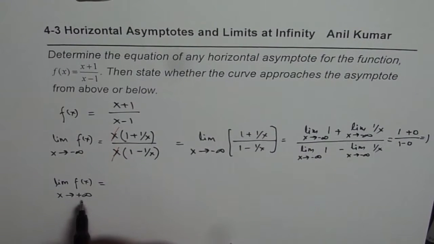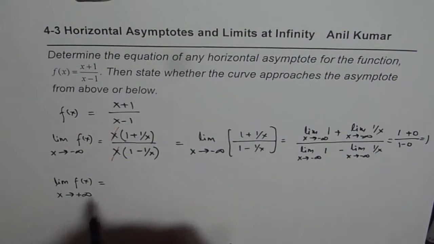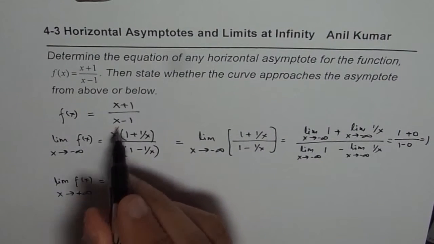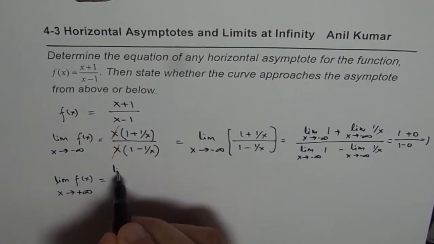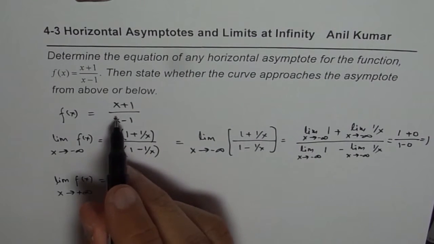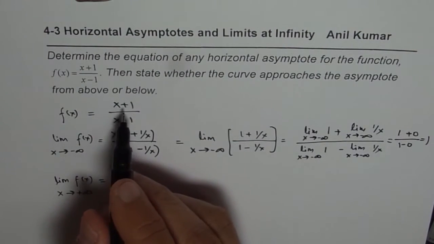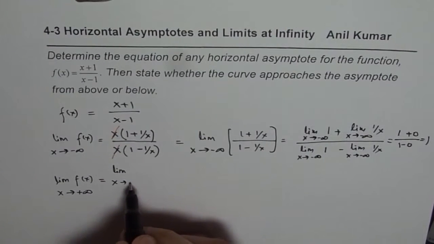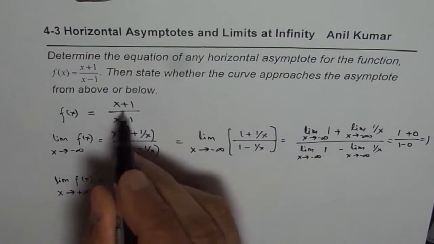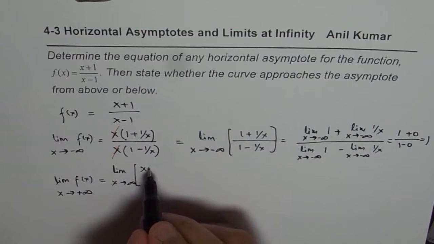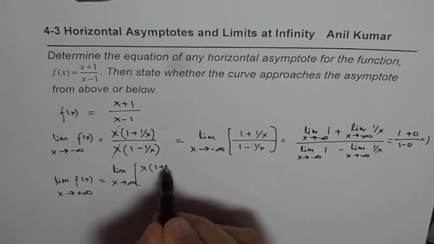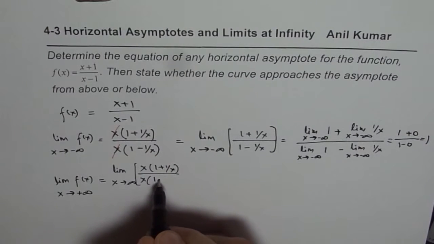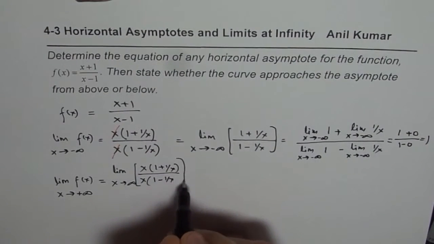If you follow the same steps, we'll do this calculation again so that you understand. We'll write this as the limit of the function as x approaches plus infinity. Now we can take x common, following exactly the same steps: 1 plus 1 over x divided by 1 minus 1 over x, correct?